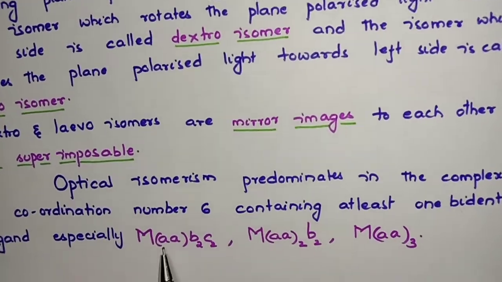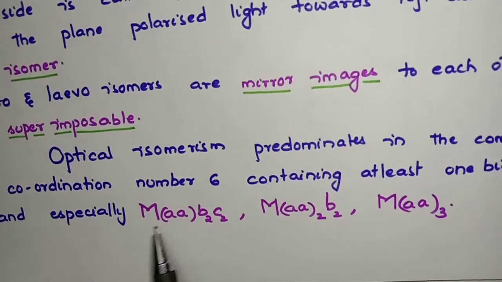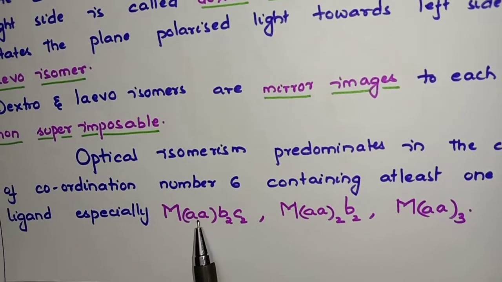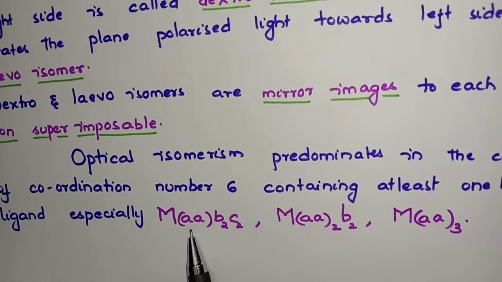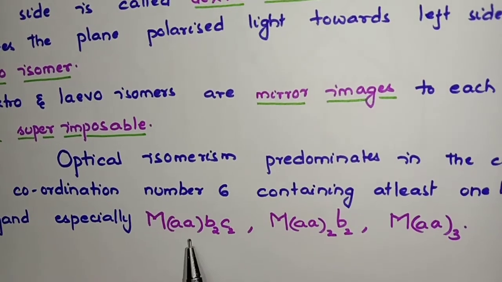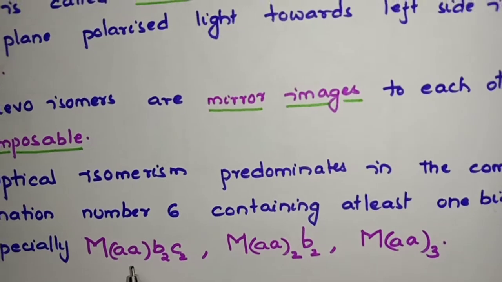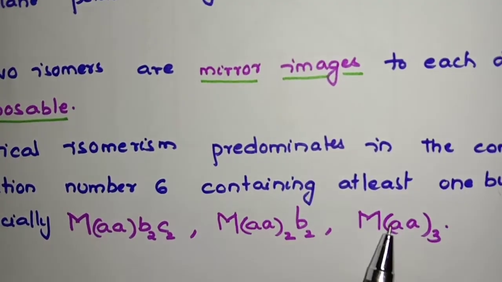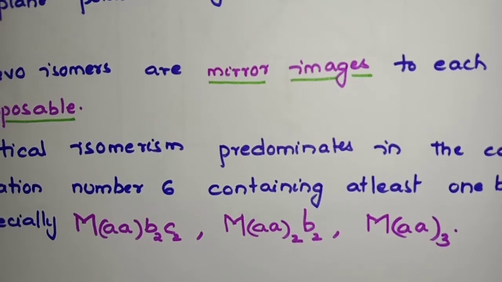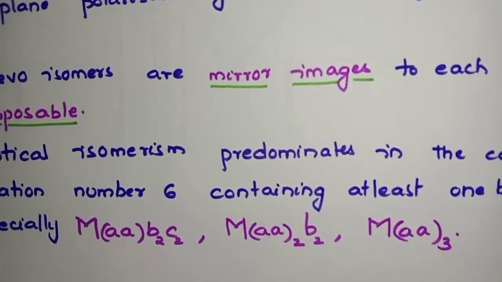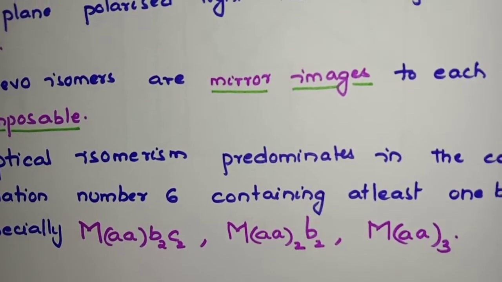What we have mentioned as AA, this is the bidentate ligand. It has one, it has two, and it has three bidentate ligands. So these are the types which contain at least one bidentate ligand, and these types of complexes show optical isomerism. Clear, students? This is all the introduction about optical isomerism.